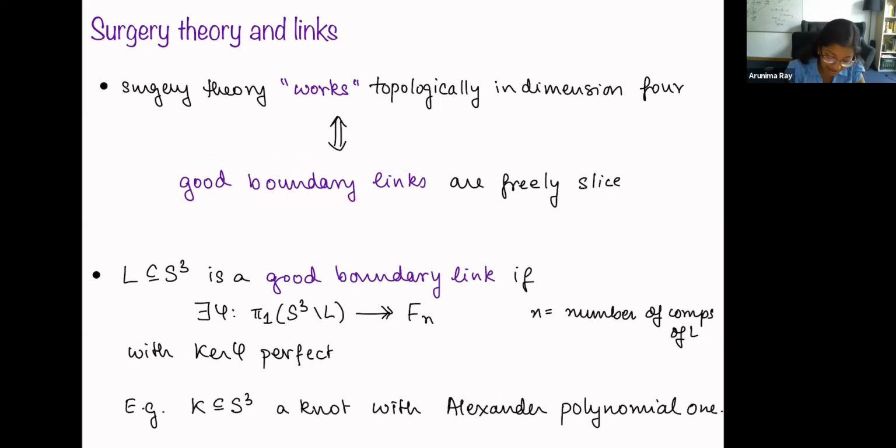And it's good if the kernel of a map of this form is perfect. That's a bit difficult to digest for the first time, but a reasonable thing to think about is that it's the link theoretic analog of knots with Alexander polynomial 1. So Alexander polynomial 1 knots are slice, they're freely slice, their slice disks have complement with pi1 Z. But if we knew that these more general things are freely slice, then we would know that this extremely powerful thing from high dimensions also works in dimension 4.